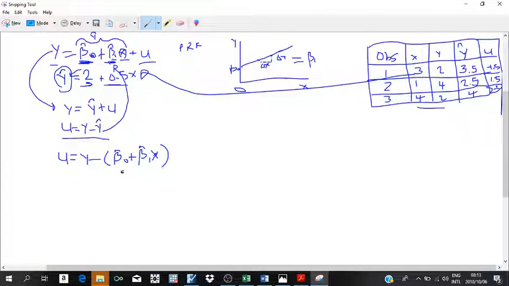To get rid of the brackets, we multiply everything inside the brackets by minus 1. So we have u equals y minus beta naught, minus times plus, it's minus.